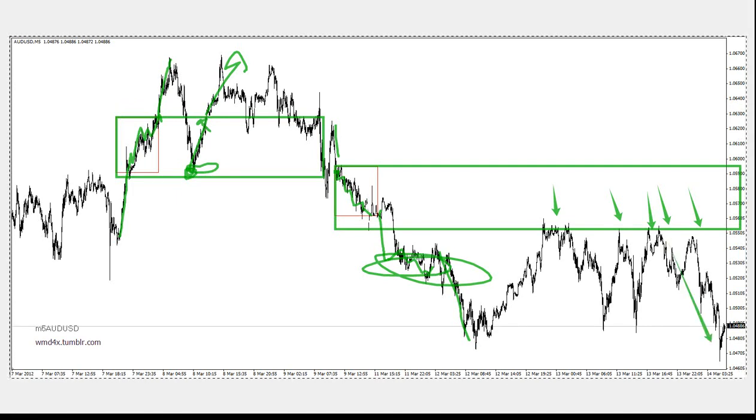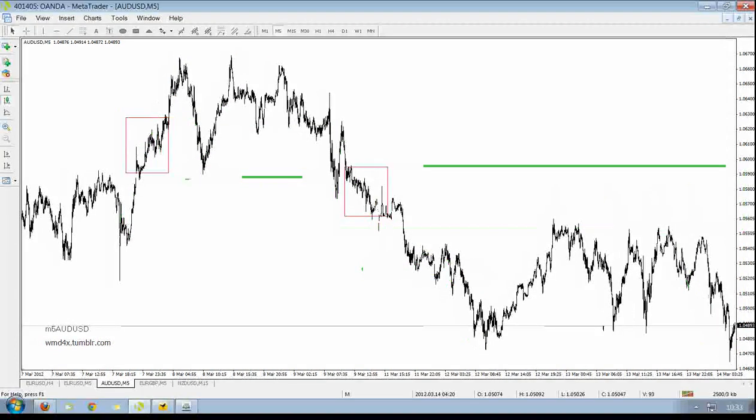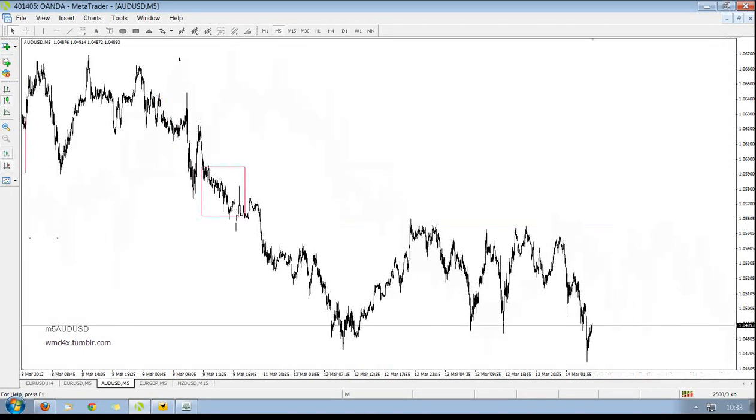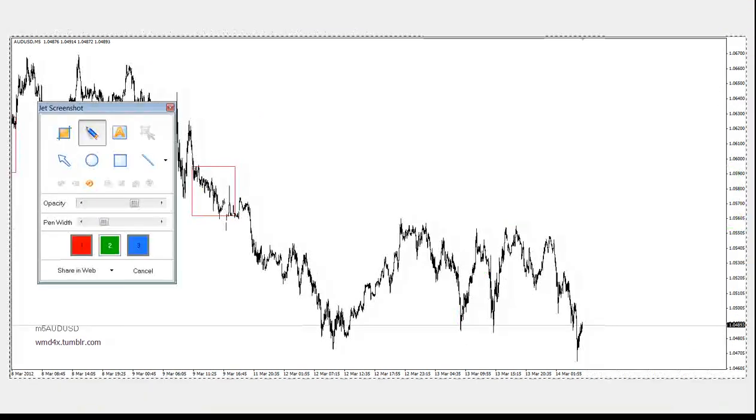So just in case there's any confusion between what we're looking at here and when we're talking about trading, clusters are usually small areas of consolidation.